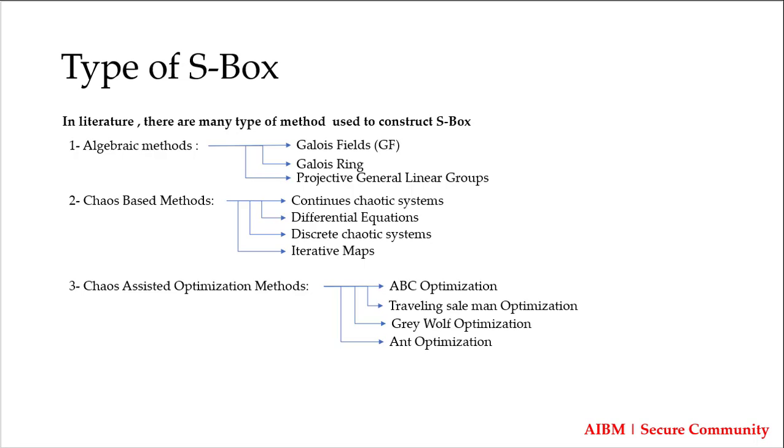Third is chaotic-assisted optimization methods, which consist of four types: ABC optimization, traveling salesman optimization, grey wolf optimization, and ant optimization. And last, some special methods like quasigroup, Latin sequence, and semigroup.